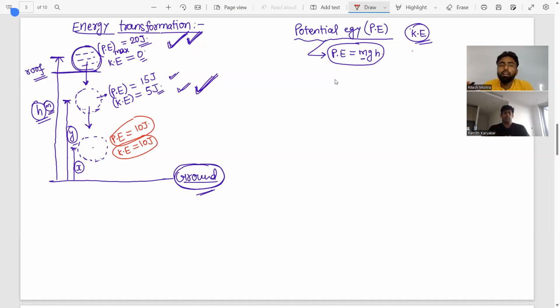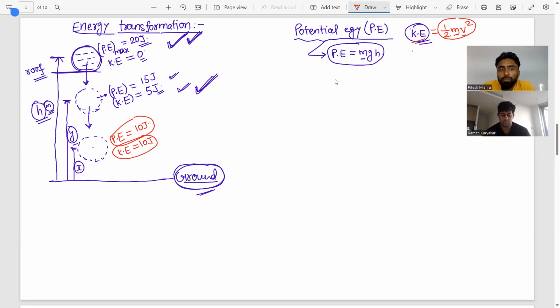When velocity increases, then automatically kinetic energy increases. The formula for kinetic energy is half mv square. This kinetic energy is directly proportional to mass and velocity. If mass is constant, then it is directly proportional to velocity. If velocity is increased, kinetic energy will increase.